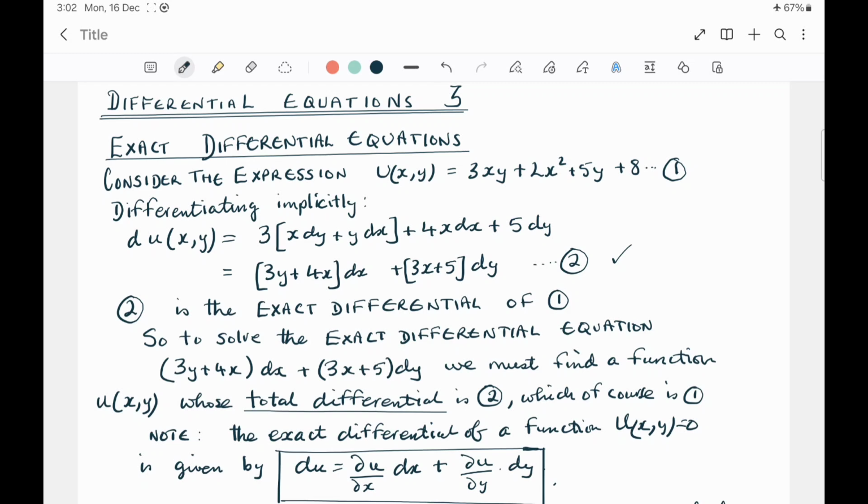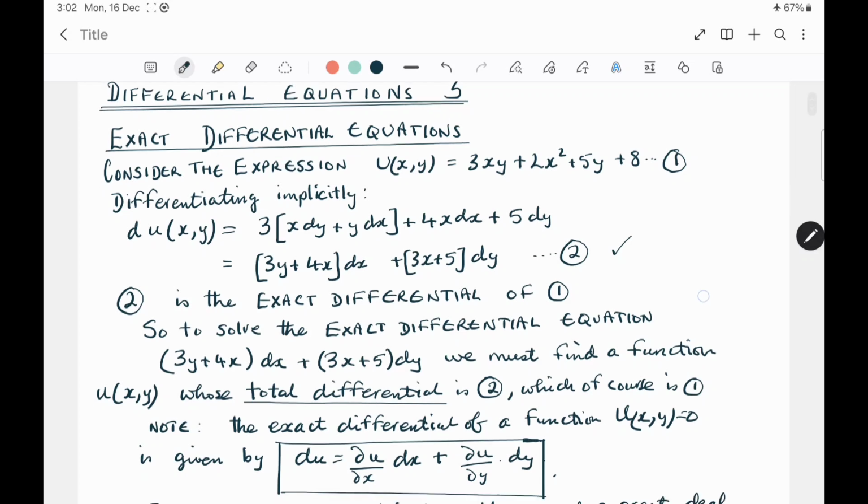Now, if you were given that as a differential equation, in other words, number 2 equated to 0, to solve that differential equation we need to find a function u(x,y) whose total differential is the expression in 2. And of course that is 1, because that's how we've just worked through it.